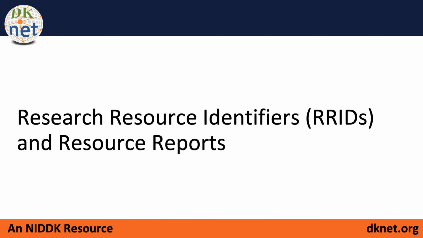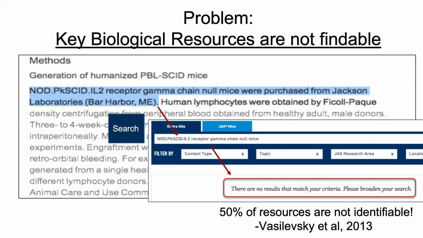So one of the issues, and this is where we start talking about research resource identifiers, is that key biological resources are not easily found or identified in the literature using the standard way to cite different resources.